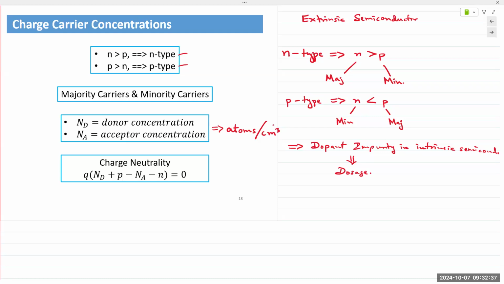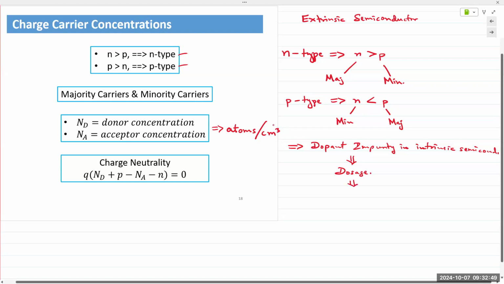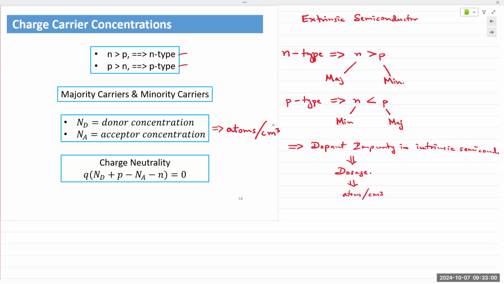But the amount of atoms we introduce into our intrinsic semiconductors is defined by the word dosage, exactly like a medication dosage. And it is given or counted as the number of atoms per centimeter cube. So the number of atoms that are introduced into an intrinsic semiconductor per cubic centimeter of volume.